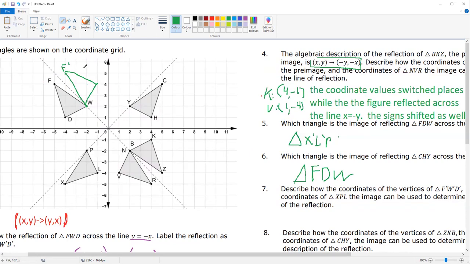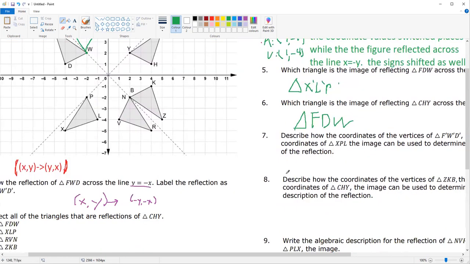We had F prime and F. F was -4, 5, and F prime was -5, 4. So that relationship was y, x.